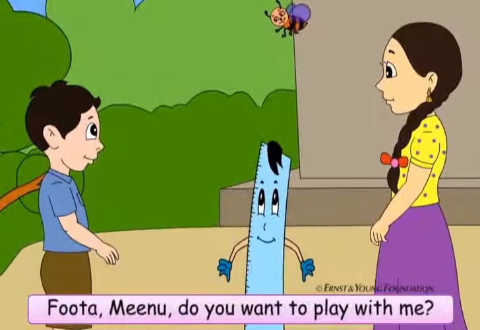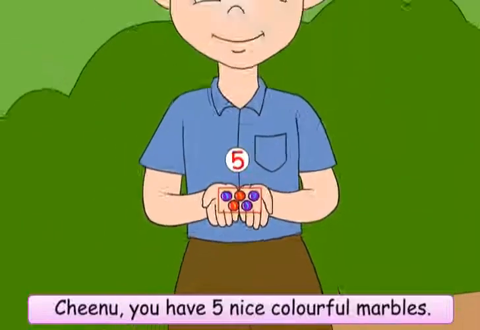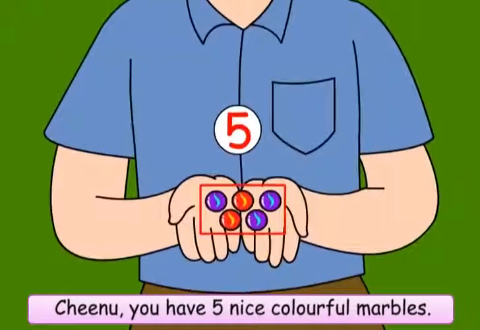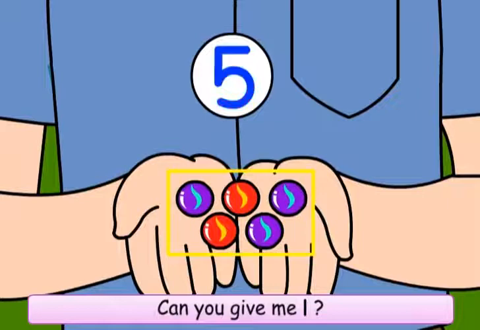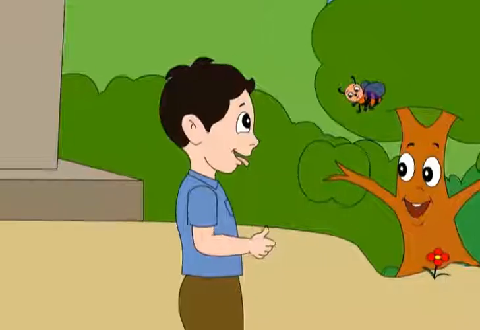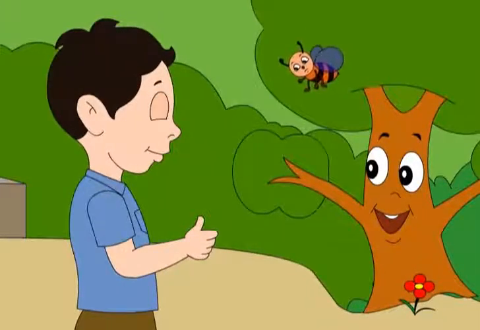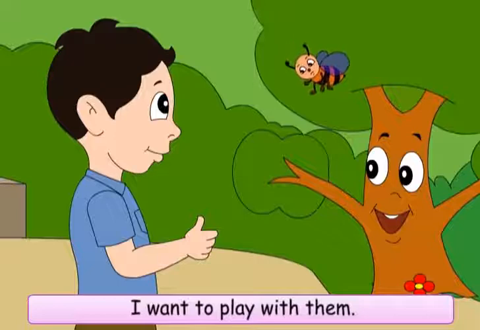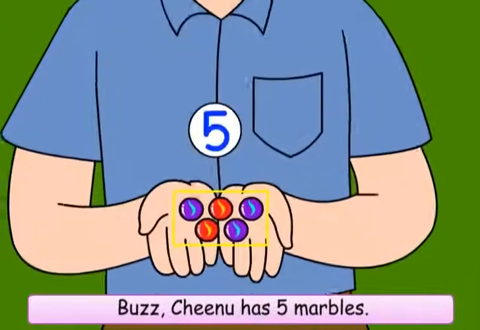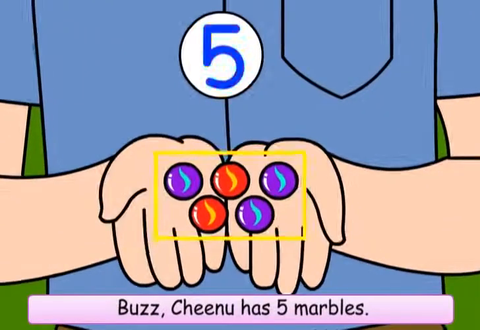Futta, Meenu, do you want to play with me? Cheenu, you have 5 nice colorful marbles. Can you give me one? No, Buzz. I want them. I want to play with them. Buzz, Cheenu has 5 marbles.